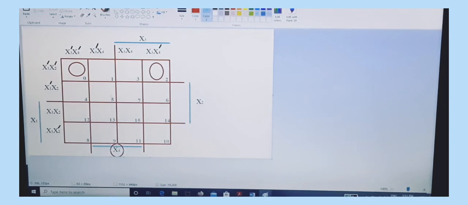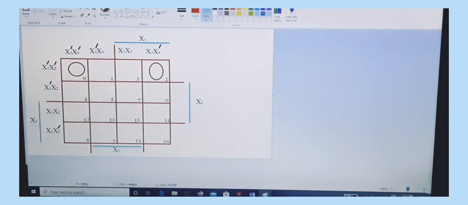Therefore, these two are in the x4 complement. So these two ones are sitting at x1 dash, x2 dash and x4 intersection. Therefore, the expression is x1 dash, x2 dash, x4. Okay.